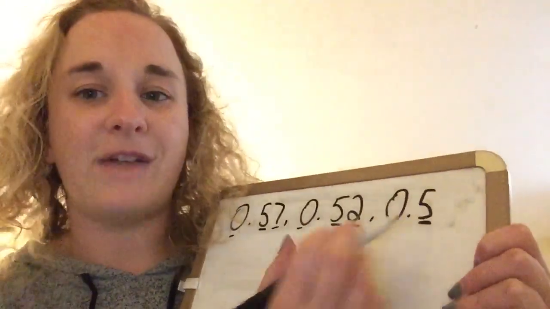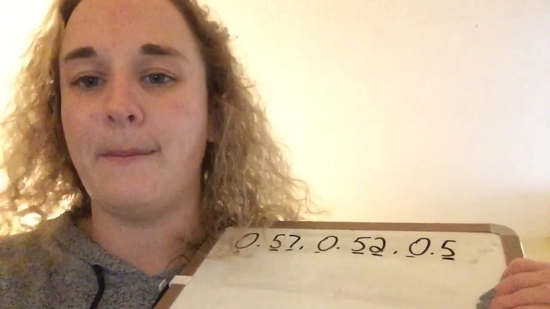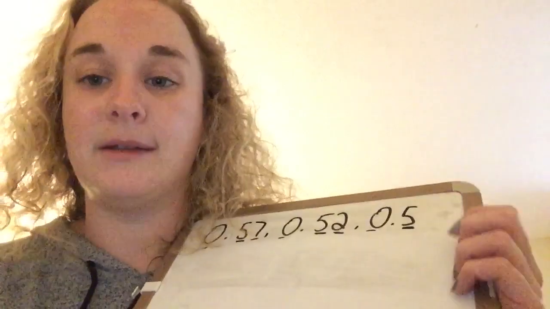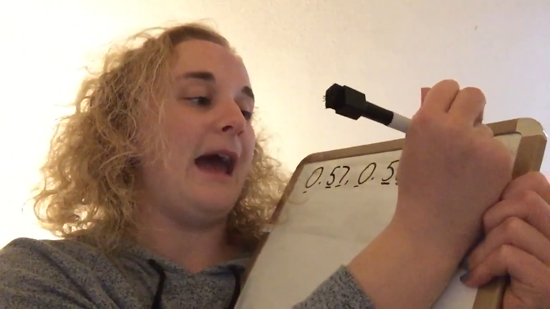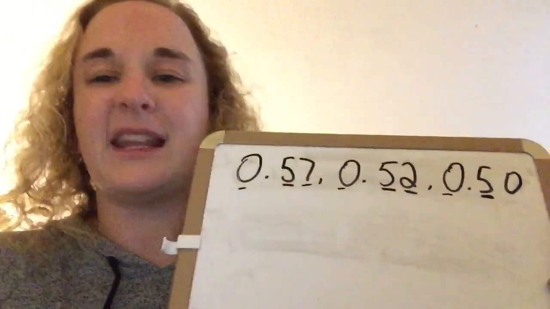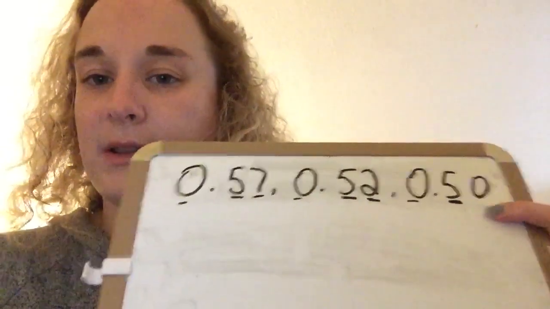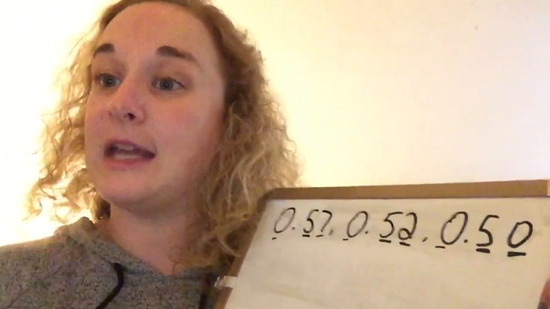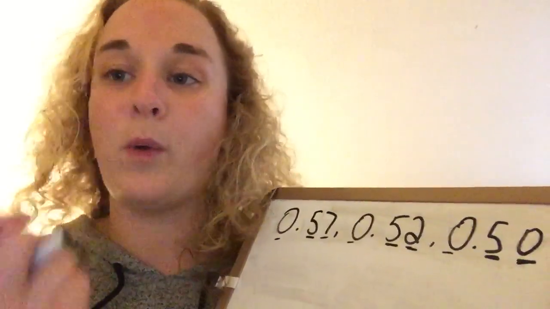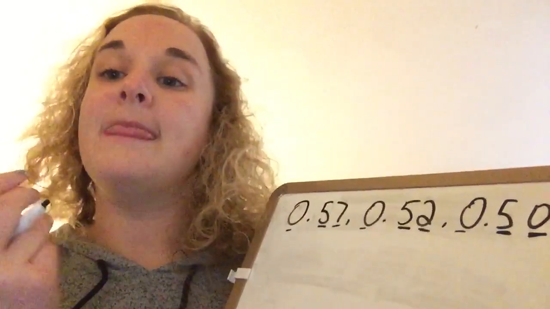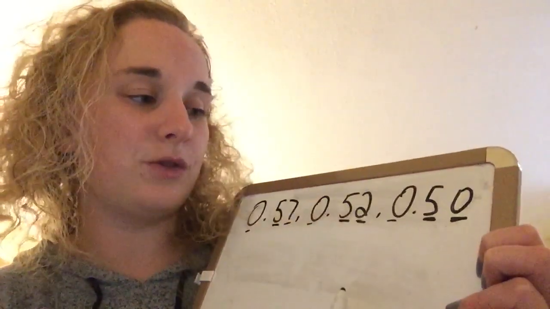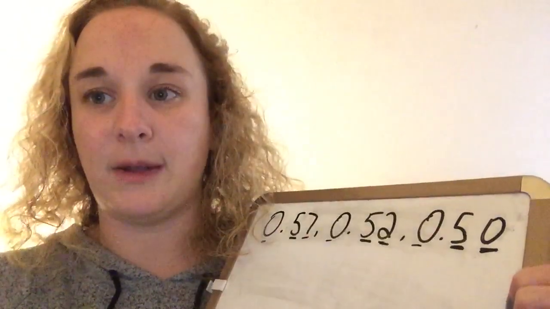But here's the thing, 5/10 doesn't have a number in the hundredths place. So when this happens, what you need to do is add a 0 as a placeholder into the hundredths. So I have a 0, so now it says 50 hundredths, and 5/10 and 50 hundredths are equivalent. So now I can start comparing because I have a 7 in the hundredths place, a 2 in the hundredths place, a 0 in the hundredths place.